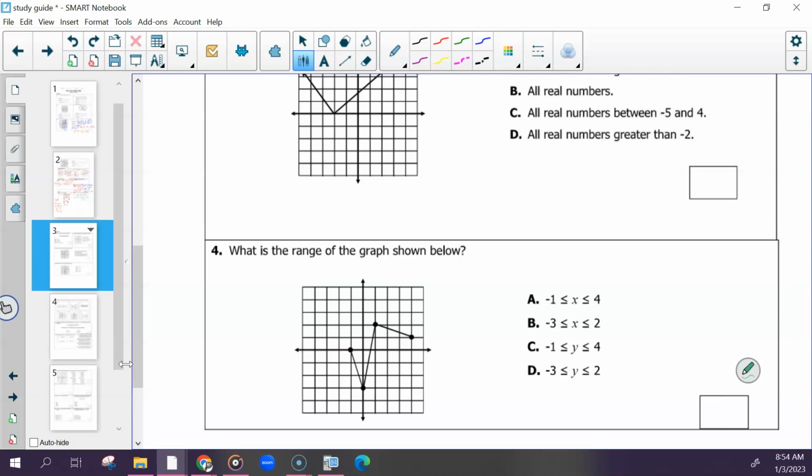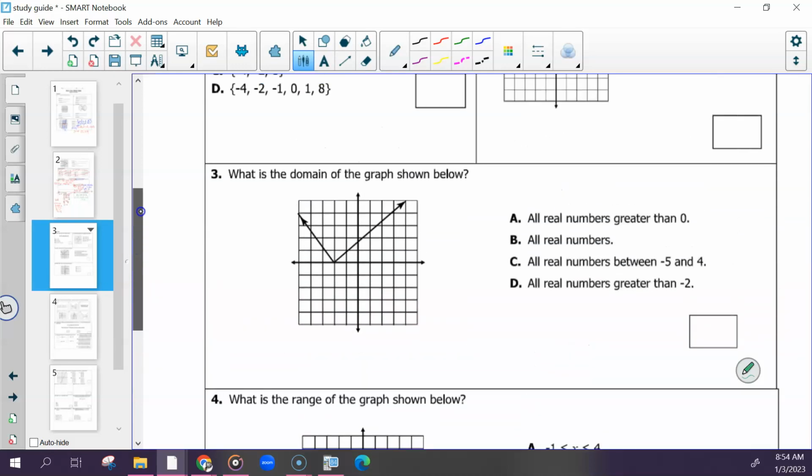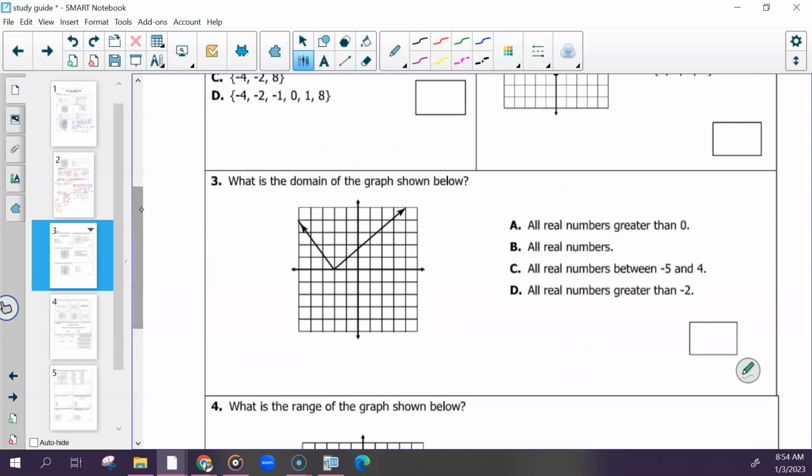Yeah, whatever your numbers are, I have it up right here so I can look. 15 is, yeah, this one. So domain, we're looking at furthest left to furthest right. So furthest left, what would that value be? That's going to be our final answer because we don't know what our furthest left is and what our furthest right is. So all of this.